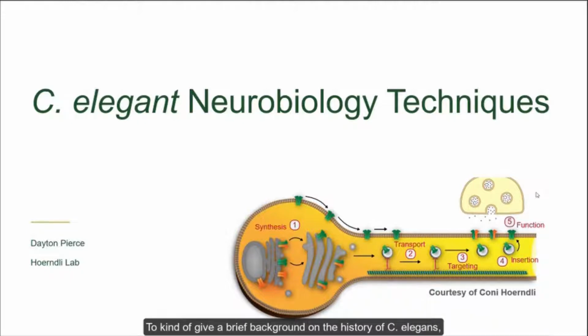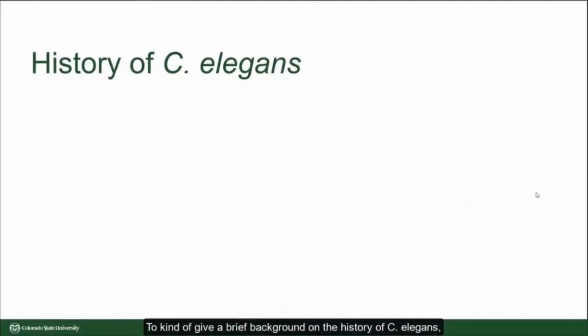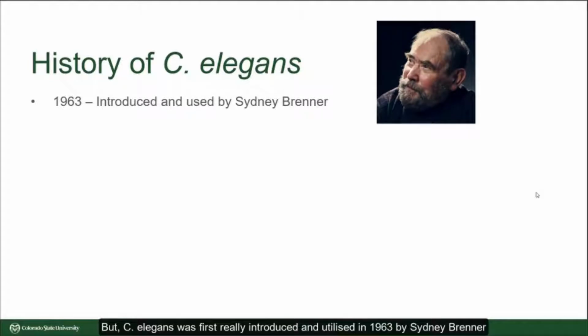So just to give a brief background on the history of C. elegans, for people that might not know, C. elegans was first introduced and utilized in 1963 by Sidney Brenner. And what a lot of people don't know is Sidney Brenner worked very closely with Watson and Crick, but Brenner actually wasn't the first person to use nematodes or C. elegans for research.